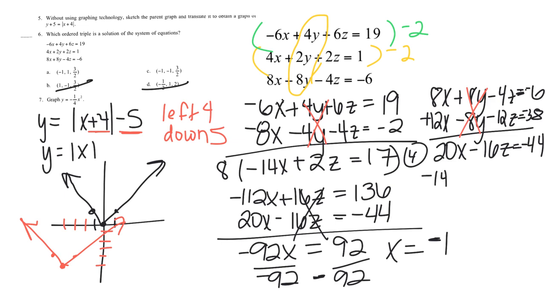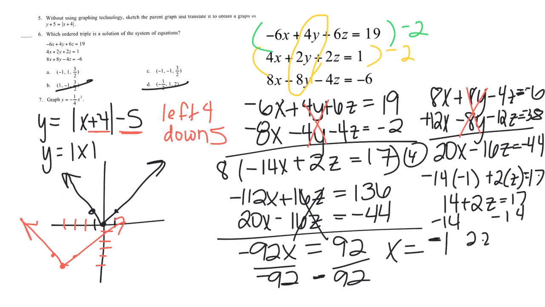Negative 14 times negative 1 plus 2 times z equals 17. And that's 14 plus 2z equals 17 minus the 14. 2z equals 3, so z is 3/2, just like it says in the other answer choices.